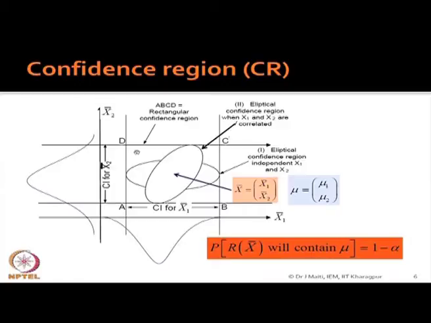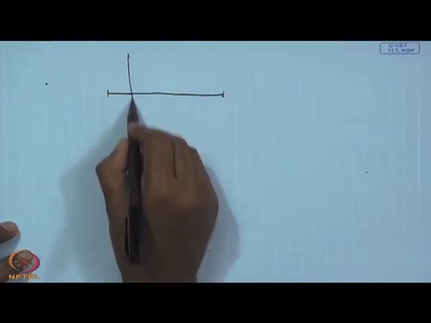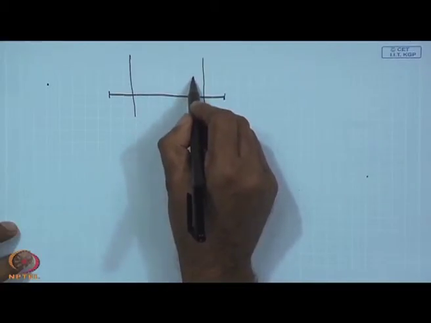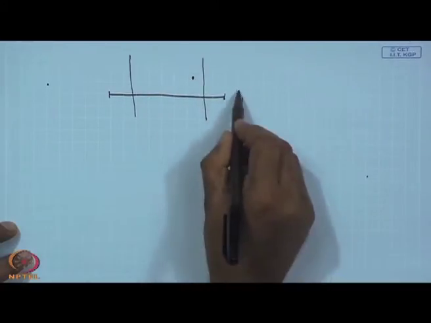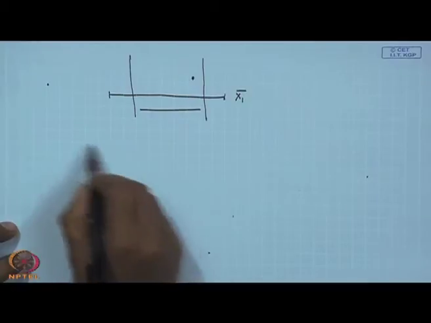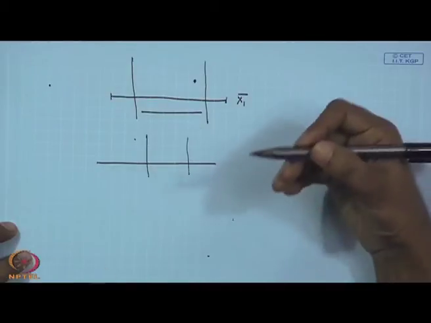So, what is the interpretation then? If your case is a multivariate case and you go by univariate analysis and develop intervals accordingly, you may find that the point is within the interval with respect to x1 bar, and also within the interval with reference to x2 bar. But if we consider their joint density, it is not within the confidence region.